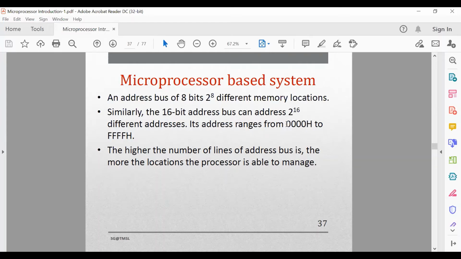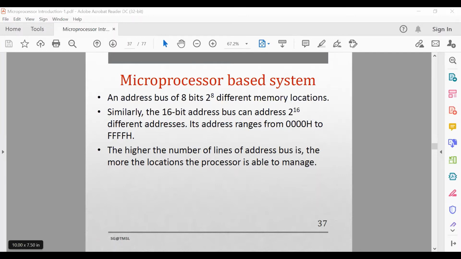You can write it in your copy or remember it: one hexadecimal digit is equivalent to 4 binary digits.